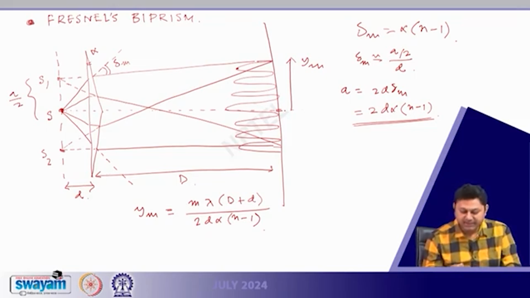This is such an experiment that is done in the optics laboratory, where using this technique the fringe widths are calculated, and from the fringe width one can calculate the unknown wavelength as well.